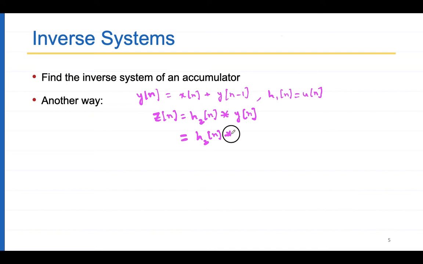Convolved with y of n, which is x of n plus y of n minus 1. So this becomes equal to h2 of n convolved with x of n. Okay, so my requirement is that my z of n should be equal to x of n, so this should be equal to x of n.